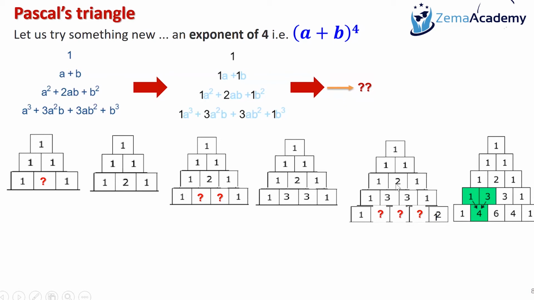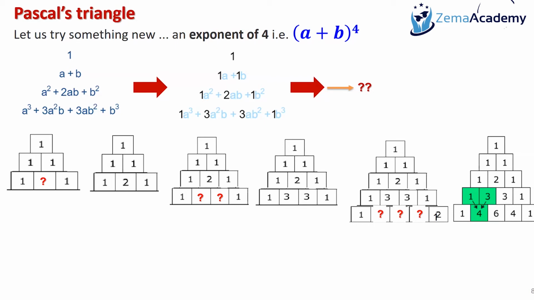So you know that the middle terms you need to add. So for this term, 1 plus 3 needs to be 4, shown over here. 3 plus 3 needs to be 6. And for the last term, it needs to be 3 plus 1, which needs to be 4. I hope you have followed the way I have tried to put it in terms of boxes.